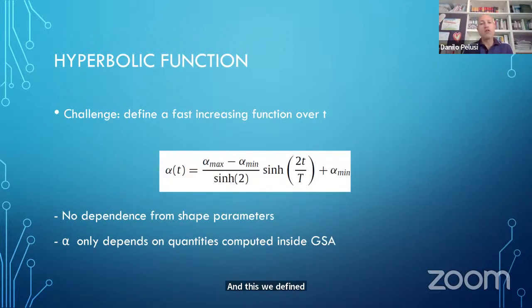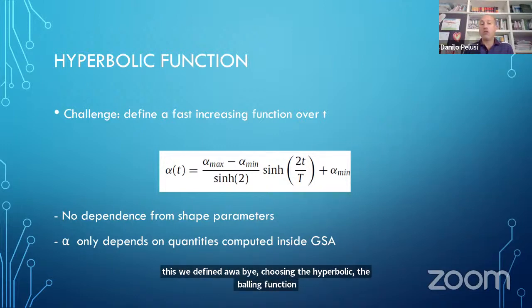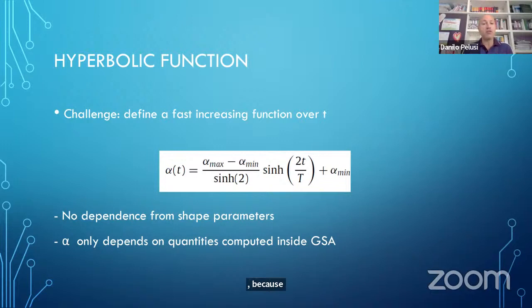Taking into account the fuzzy rule table and this aspect, we define alpha by choosing the hyperbolic function, because with this kind of hyperbolic function, we have no dependence on other parameters, and alpha only depends on quantities computed inside GSA.